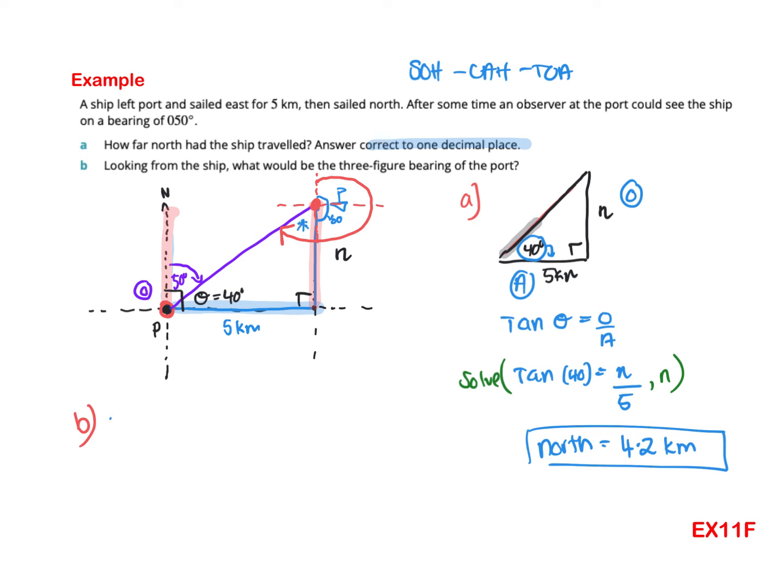Because the bearing's going to be that 180 plus this one that I've marked like that, okay? So someone's saying, well, if this is 40, 90, then this one's going to be 50. So that's where they're getting that. So we're going to say 180 plus 50. What would that be? 230 degrees true. There's our 3-figure bearing.